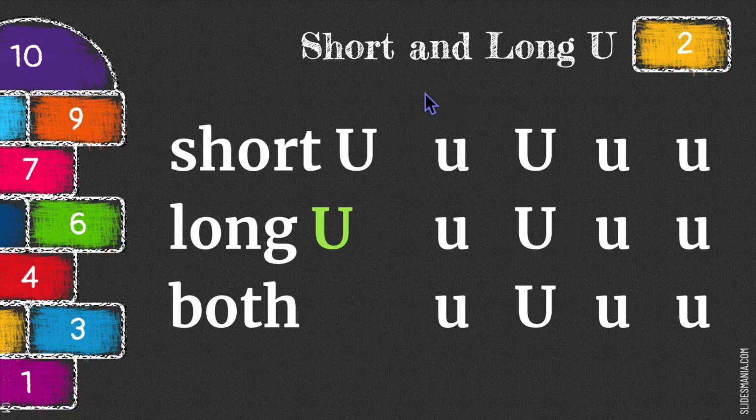And finally, we have our short and long U. Short sound of U: uh. Now, what's different about the letter U is it has two long sounds. The first one is the name of the letter, U. The other one is the oo sound.